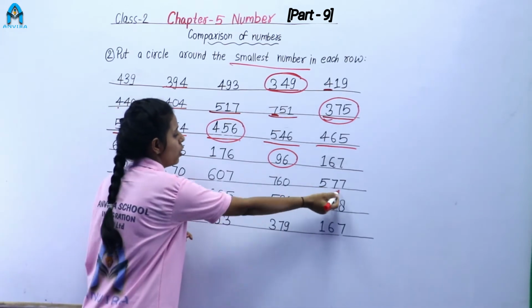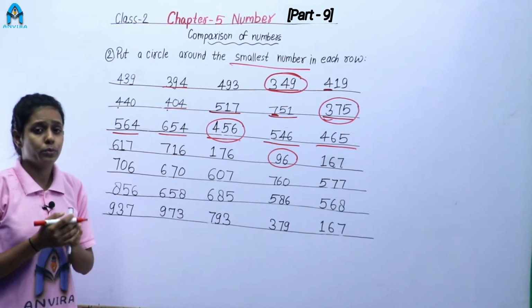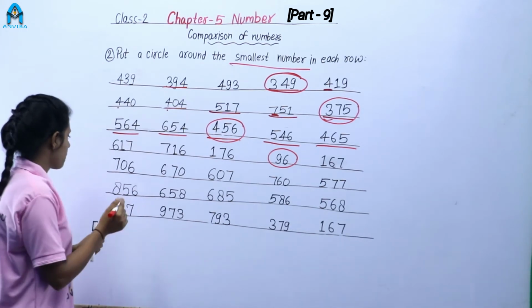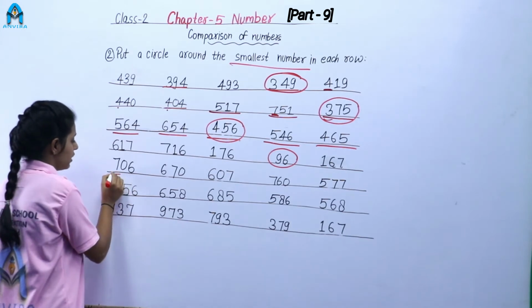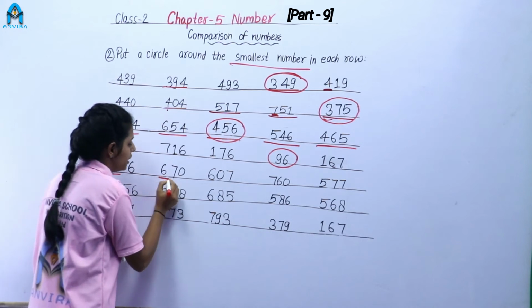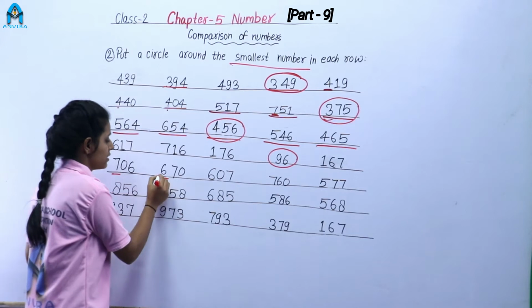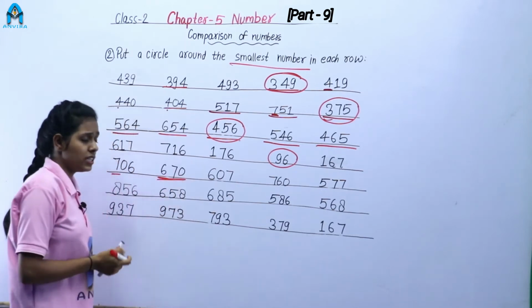In this row, all numbers have 3 digits. Now find out which is the smallest number. On the hundreds place, there are 7 and 6. So which is smallest? Yes, this is smallest.